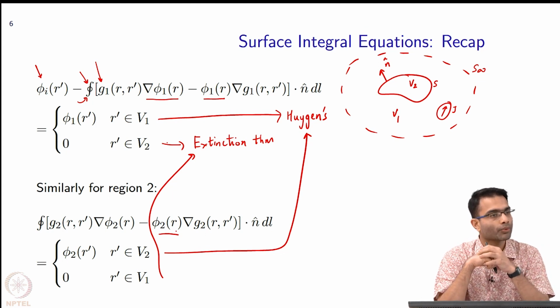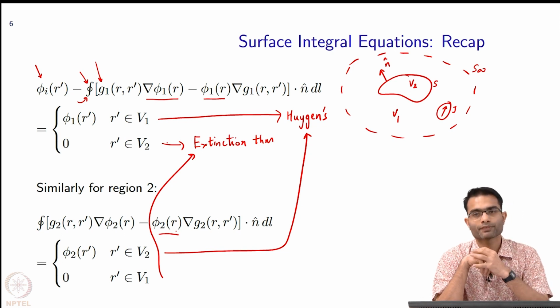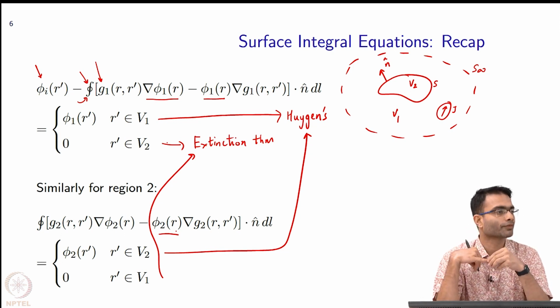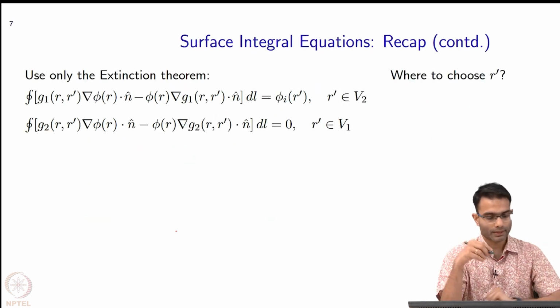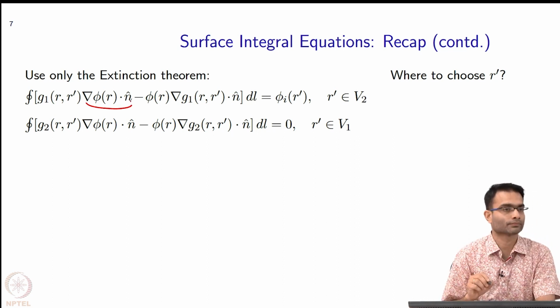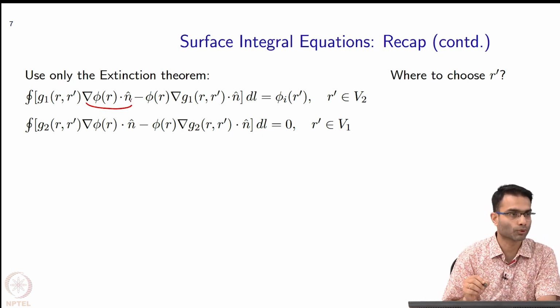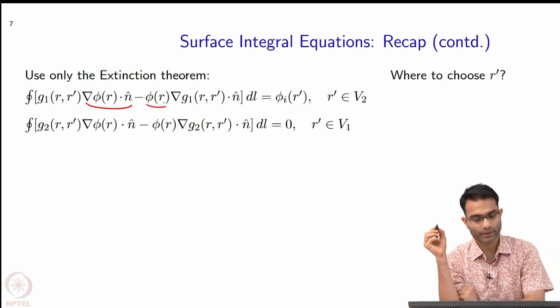The two on the boundary are the same because of continuity of tangential fields, right. So, continuity of tangential E field gave me phi 1 equal to phi 2, and continuity of tangential H gave me grad phi dot n hat is the same on both sides, okay. So, recognizing that, I am writing a new symbol, grad phi dot n hat, that is the same in both equations, and phi.